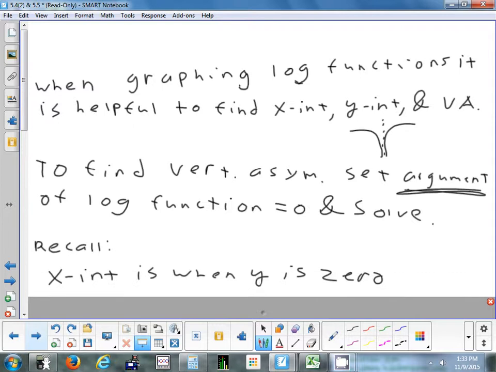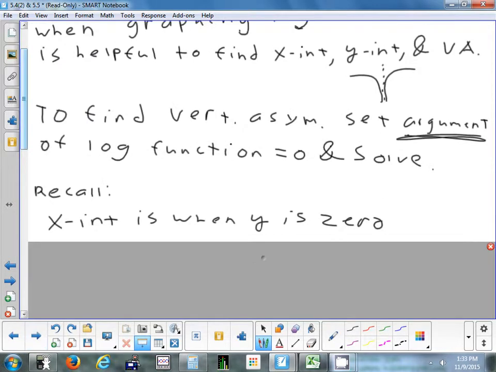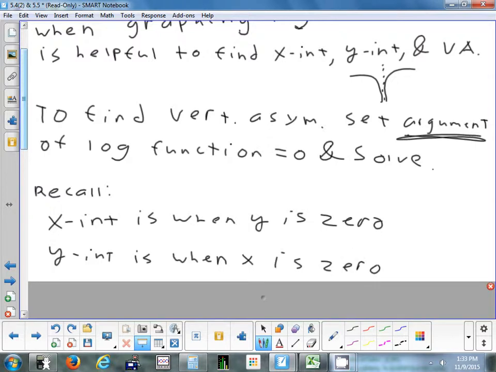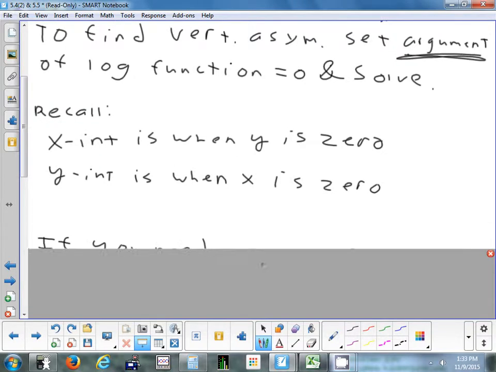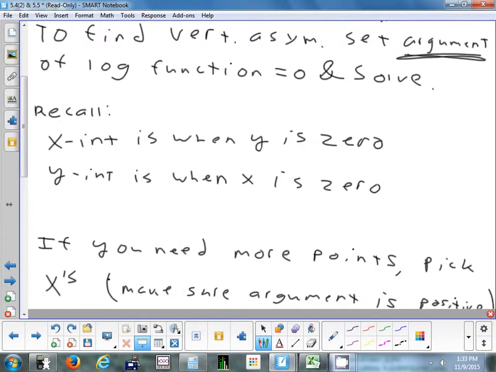Okay, and if we do want to find intercepts, remember your x-intercept is when y is 0. Your y-intercept is when x is 0. We can use the calculator to do some of this for us. And if you need more points, use your table and get more points.